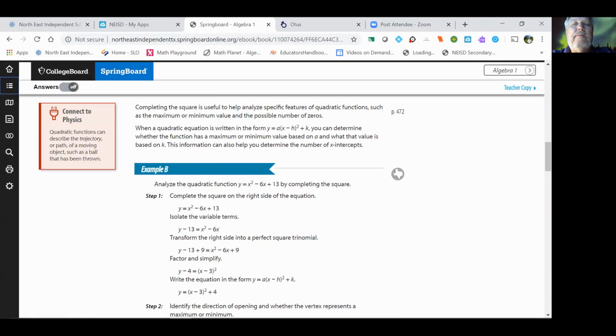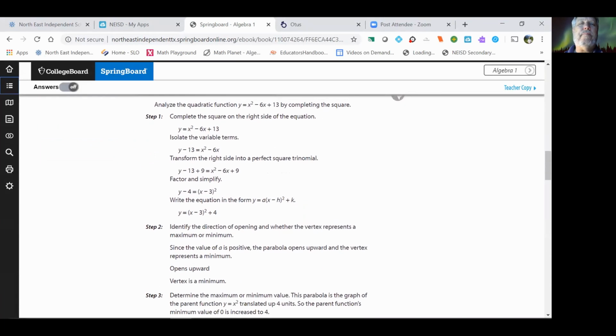If a is positive, it has a minimum. If a is negative, it has a maximum. And what the value is based on k. So that would give us the minimum or the maximum. This information can also help you determine the number of x-intercepts.